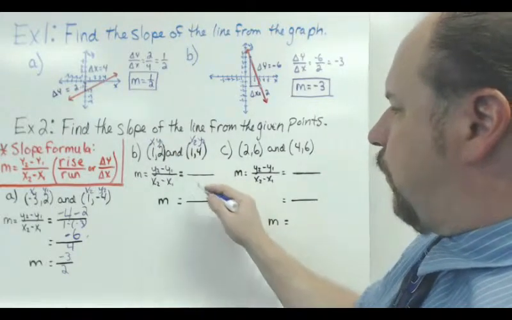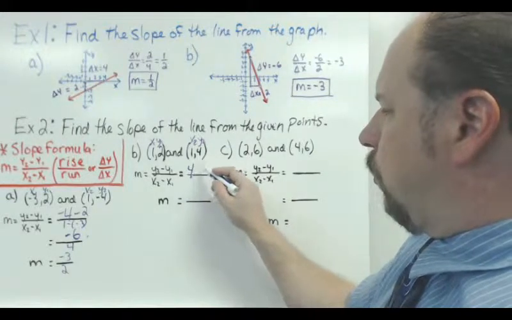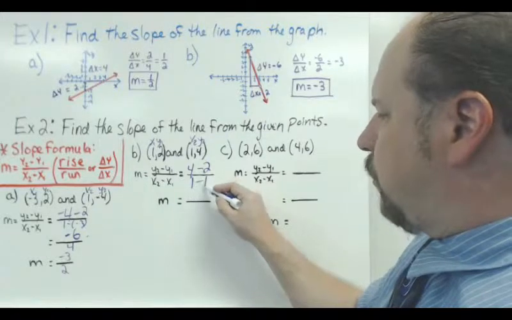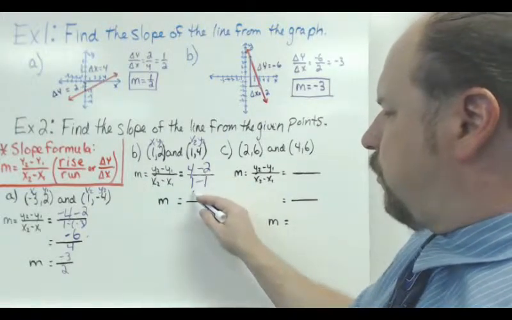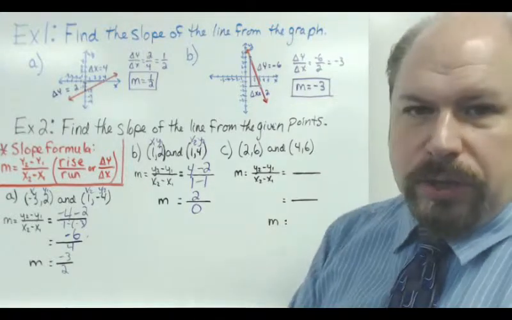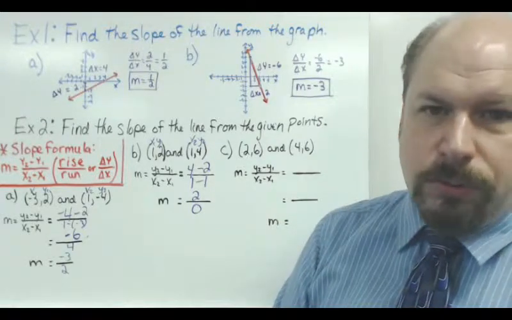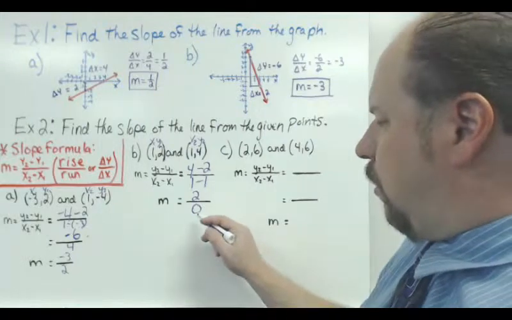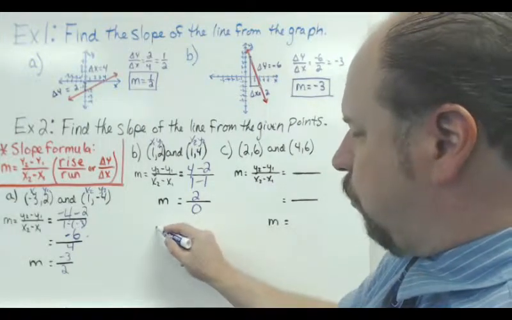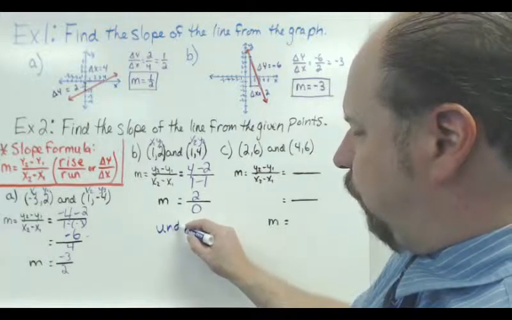So y2 minus y1 is 4 minus 2 over 1 minus 1. So 4 minus 2 is 2, and 1 minus 1 is 0. Now we have 2 over 0. Well, that's not a good thing. We can't divide by 0. So this particular slope is going to be an undefined slope.